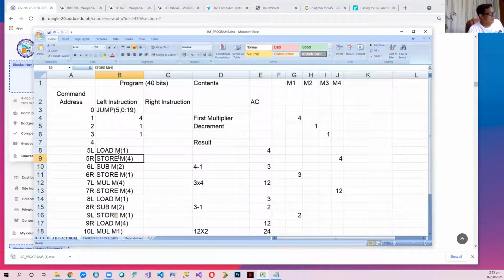Okay. This is the fourth factorial program. Do you follow? Do you get my point? Let us compare this with our fourth factorial from the analytical engine.